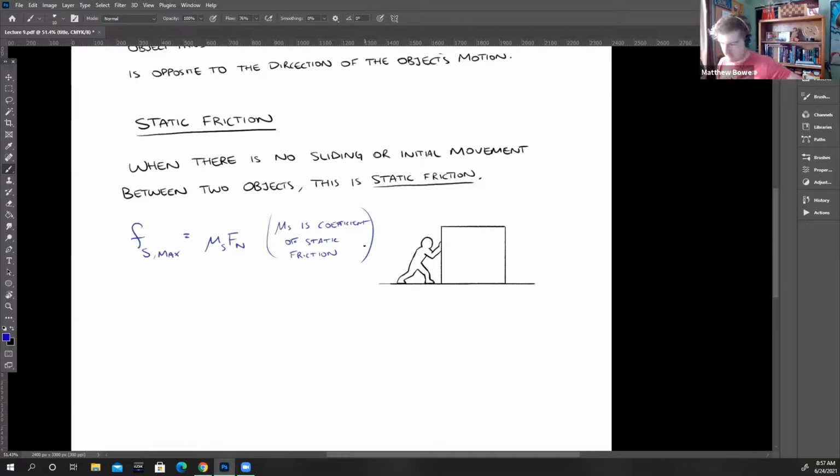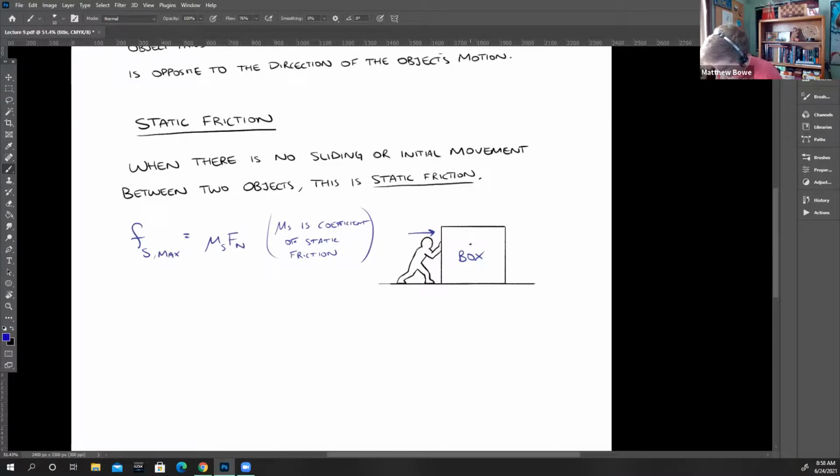Now let me dive into the picture. We have this box, or you can think of it as if I'm pushing a refrigerator. I'll just say box. I'm giving it a force that way. This box is resting on a surface, so it has contact with the ground.